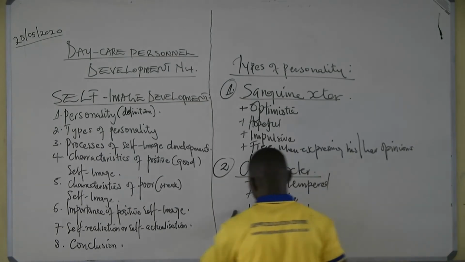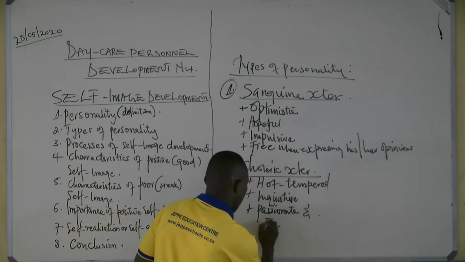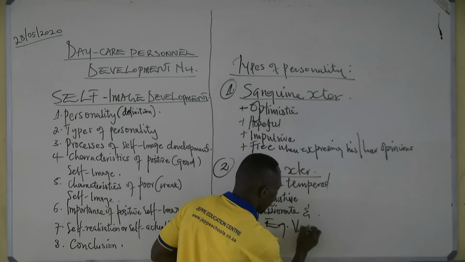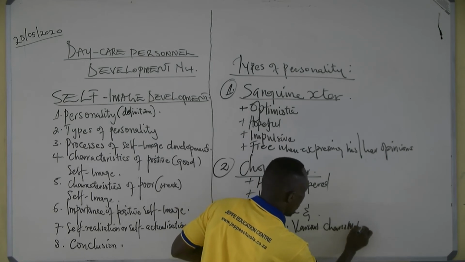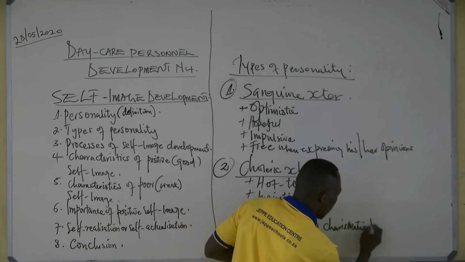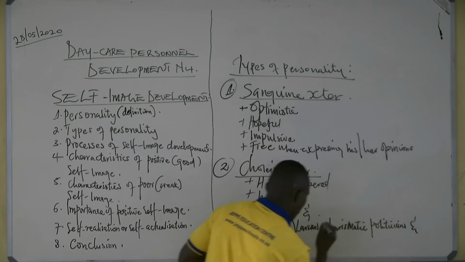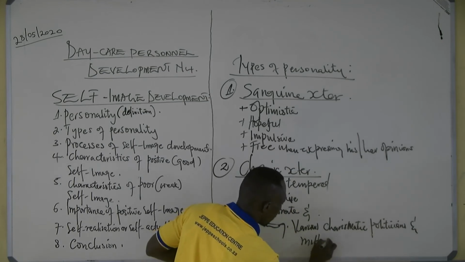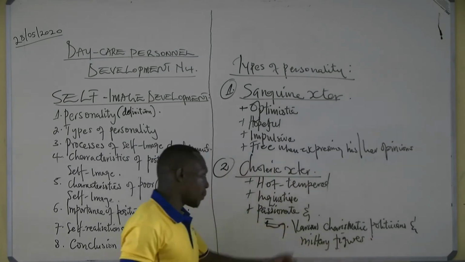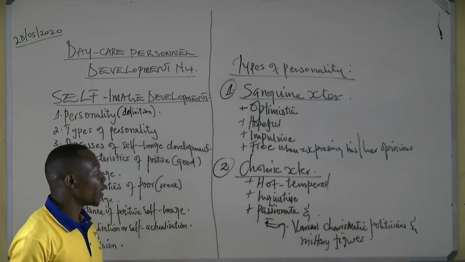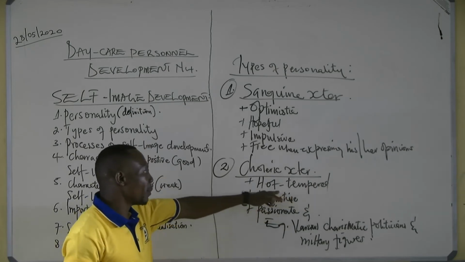Now, examples of people bearing this character that is called choleric character are various charismatic politicians and also military figures, who bear these kinds of characters. That's what we call choleric.